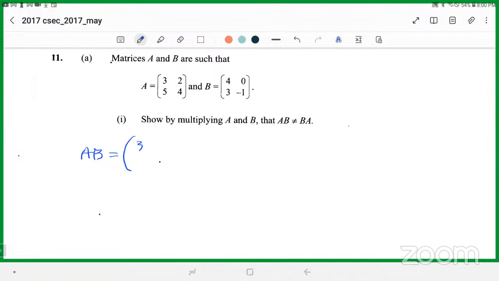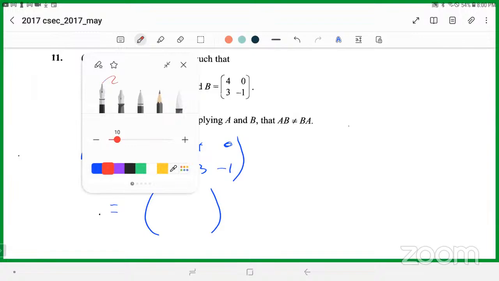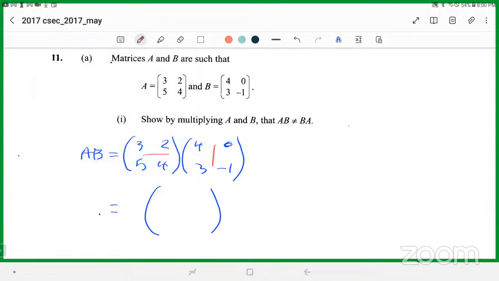then I'm doing 3254 times 403 negative 1. Remember we're taking the rows of the first matrix by the columns of the second matrix. And I'm going to get 4 values. So if I work out this first value first, it's in the first row and the first column.